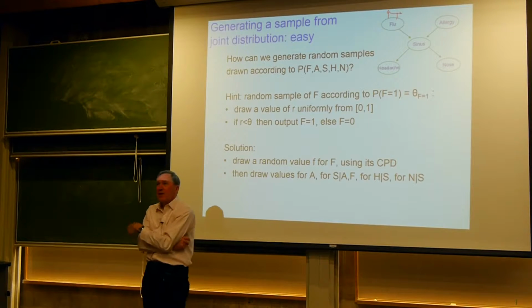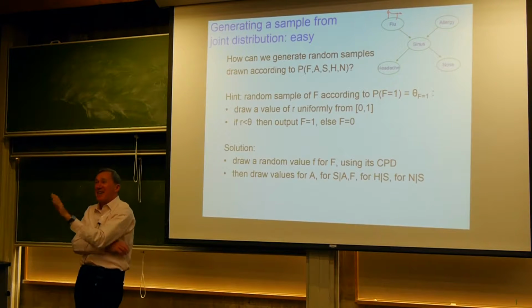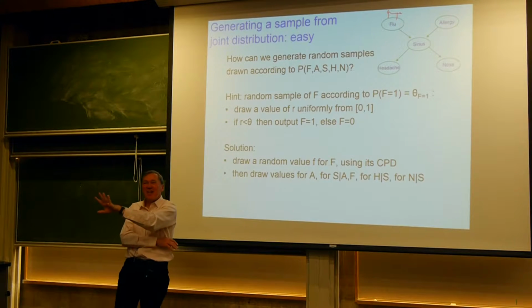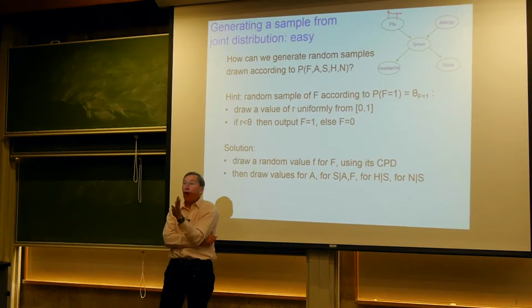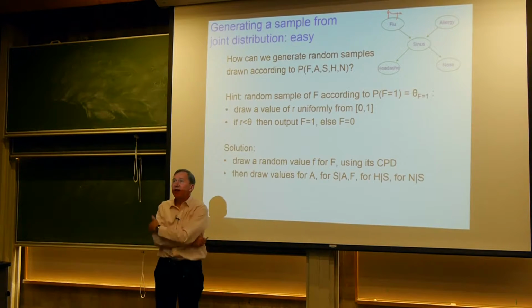Well, I could do it the way that I said, which apparently can be optimized further by ignoring one of the nodes. Or I could just generate 100 samples according to the joint distribution and then count which fraction of them happen to be n equals 1.